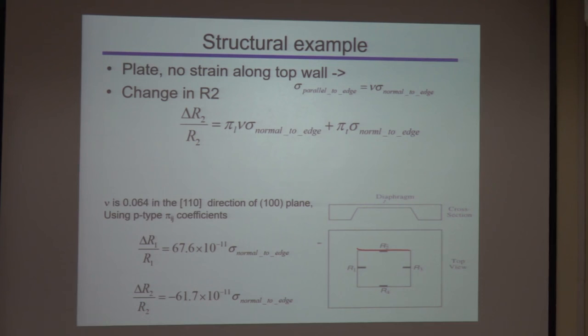Then sigma along this direction minus nu sigma in the other direction should be 0, because epsilon along equals 0. Which means sigma in this direction equals nu sigma in the normal direction.